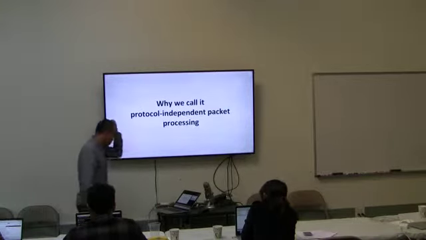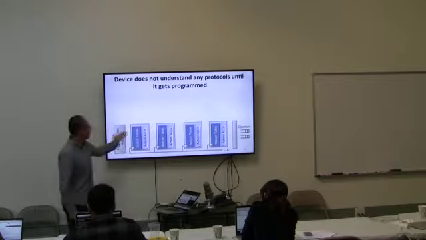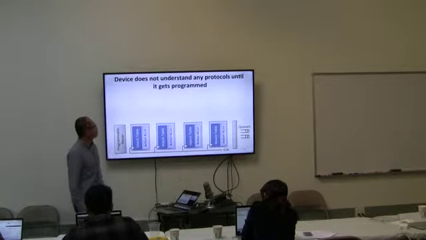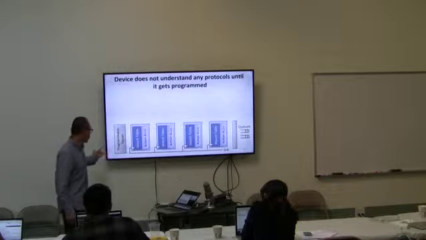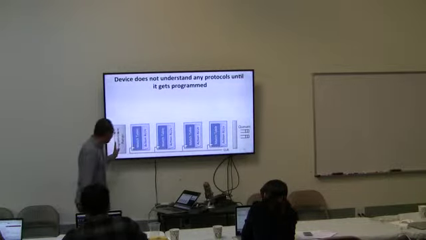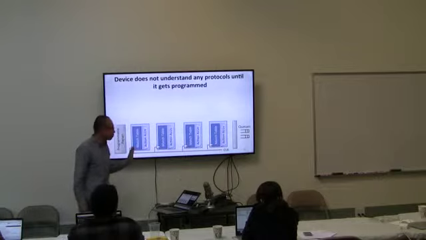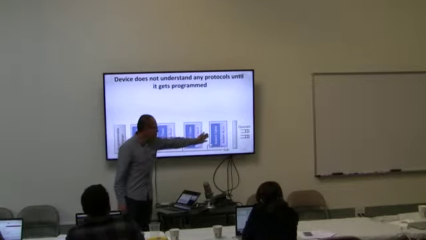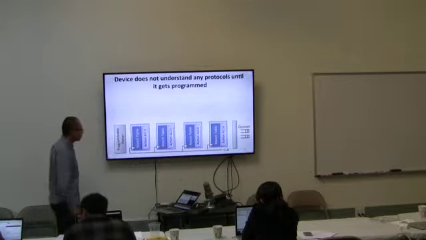So why do we call this protocol independent packet processing? Mainly because these programmable chips or devices do not understand any protocols until they get programmed. So this is a conceptual diagram of the PISA architecture. A programmable parser at the ingress, multiple stages of match-action pipeline, and then the queues. You could also have the egress, a sequence of pipelines as well.